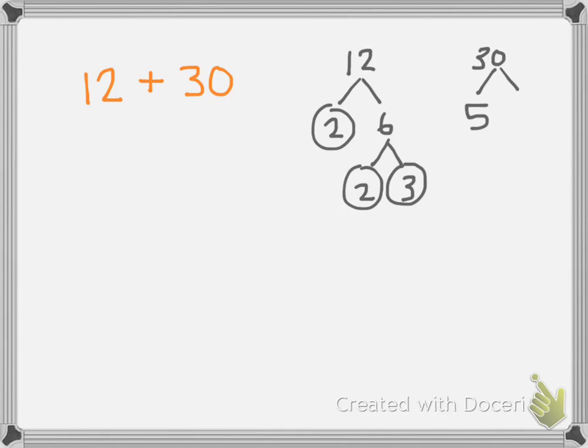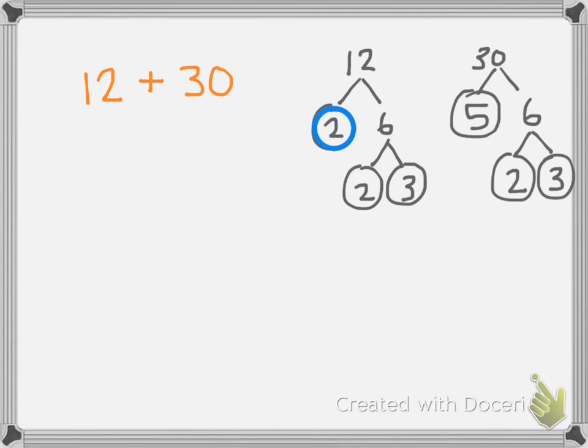I could maybe do 5 times 6. 5's prime. 6 can be 2 times 3. Prime, prime. As long as I can get down to prime numbers, it doesn't matter which way I get there. I could have divided by 2 and said 2 times 15 and then 3 times 5, but I get the same prime numbers anyway.